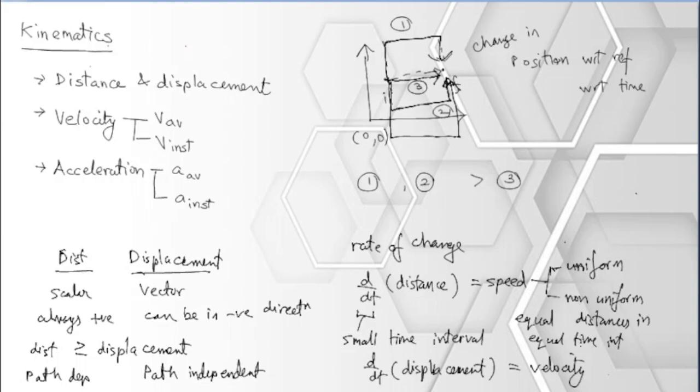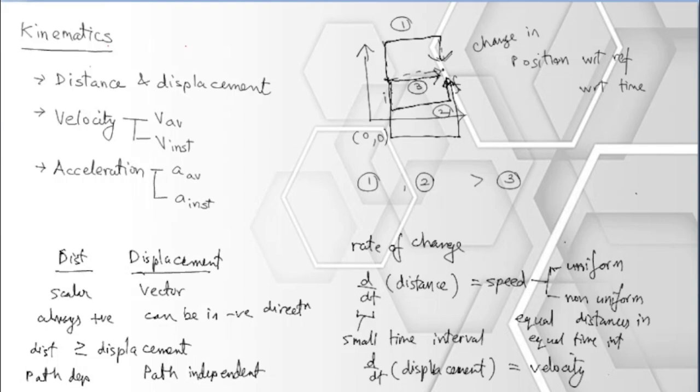Similarly, we have uniform velocity, that is when a body covers equal displacement, or when a body displaces an equal length, in equal amounts of time. So that is known as uniform velocity.